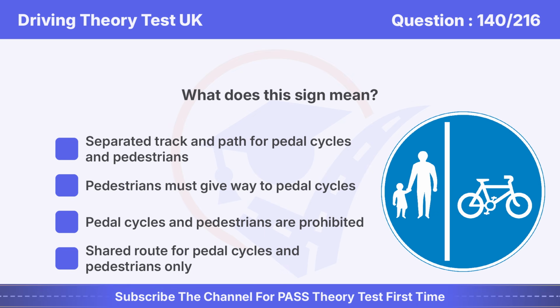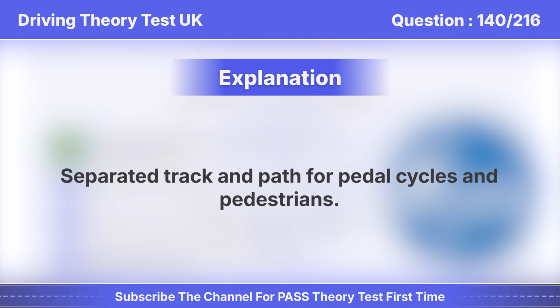Question 140. What does this sign mean? Answer is A. Separated track and path for pedal cycles and pedestrians. Separated track and path for pedal cycles and pedestrians.